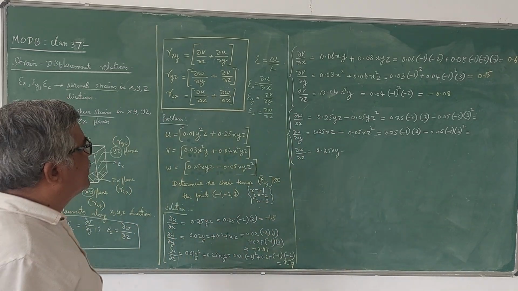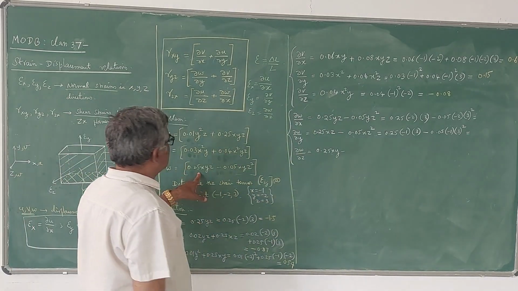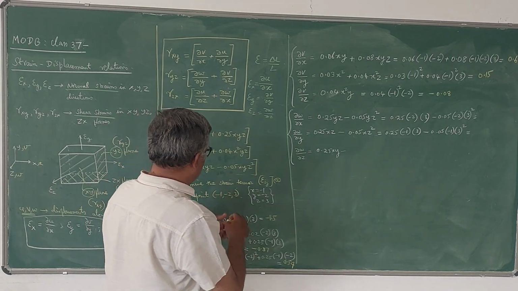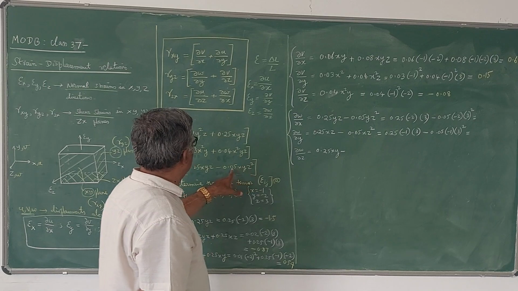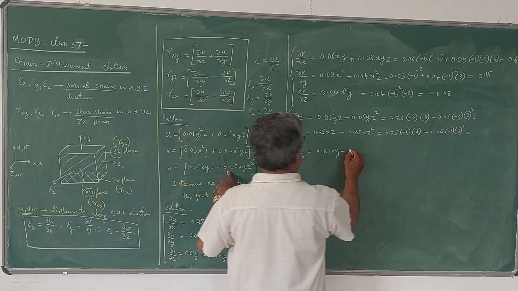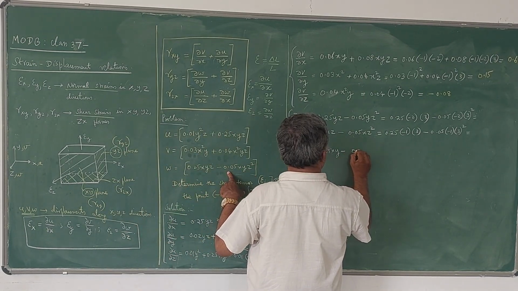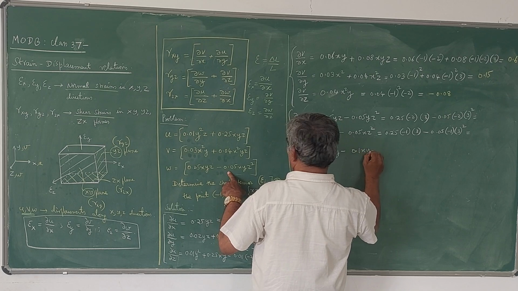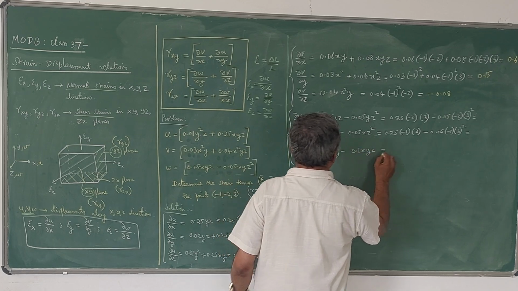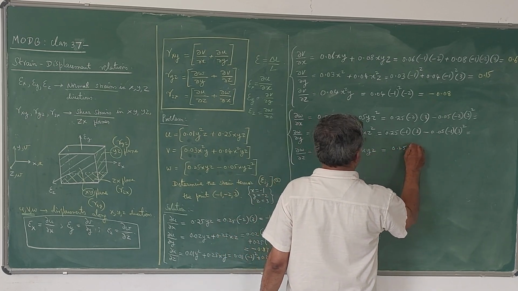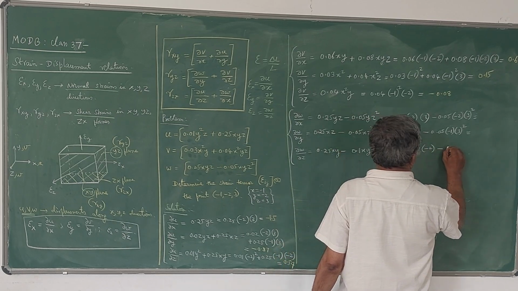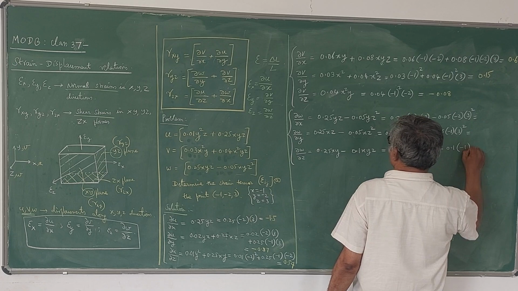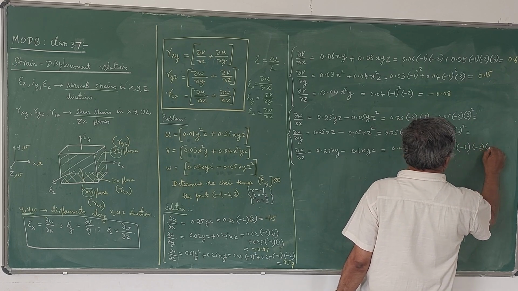So now here ∂w/∂z, the first term is this, minus the second term, with respect to z it becomes minus 0.1xyz. So now 0.25 into minus 1 into minus 2 minus 0.1 into minus 1 into minus 2 into 3.